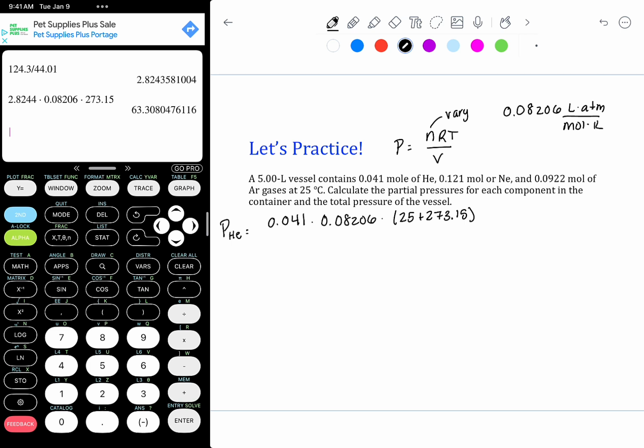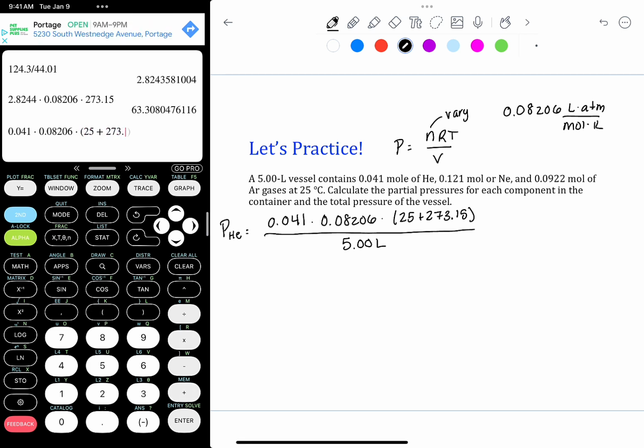Okay, so that's 298.15. And then we'll divide by the total volume, which is 5 liters. So let's do that. 0.041 times 0.08206 times, what's 25? That's 298, I'll just plug it in, plus 273.15, which we then divide by 5.